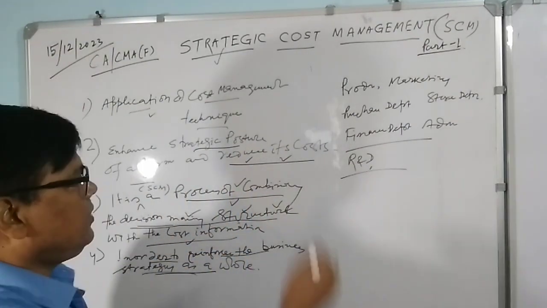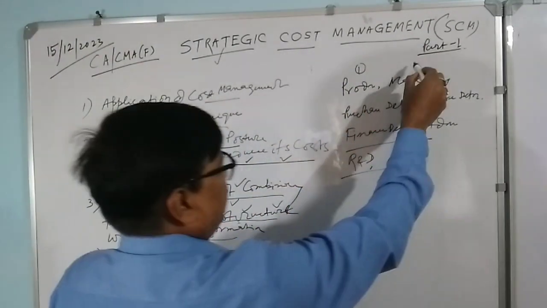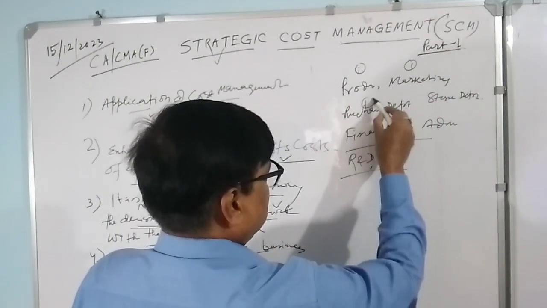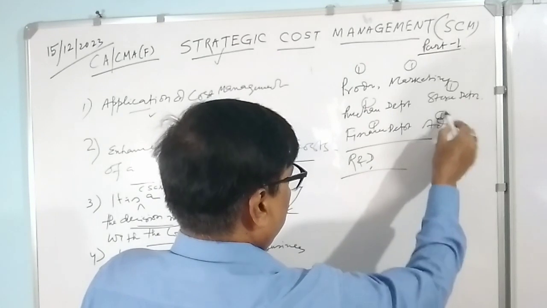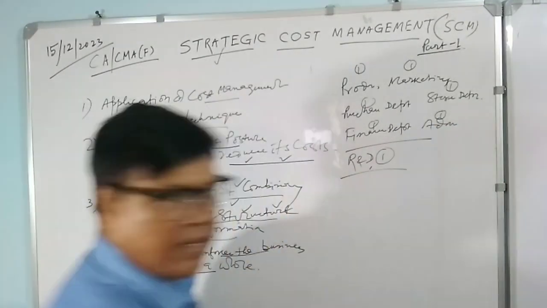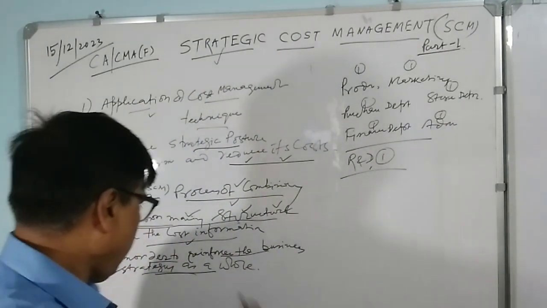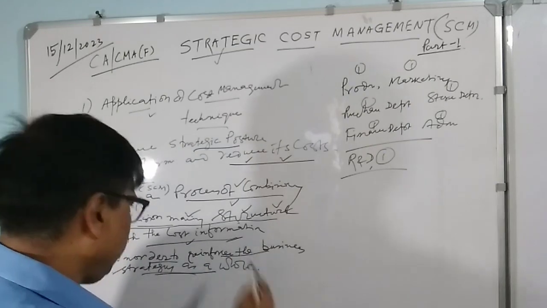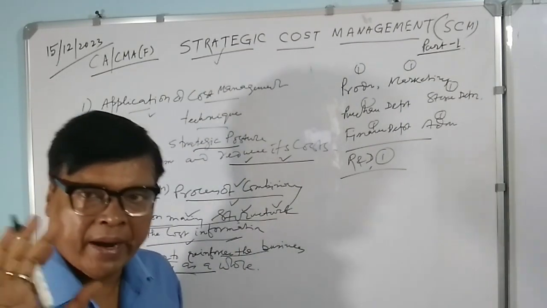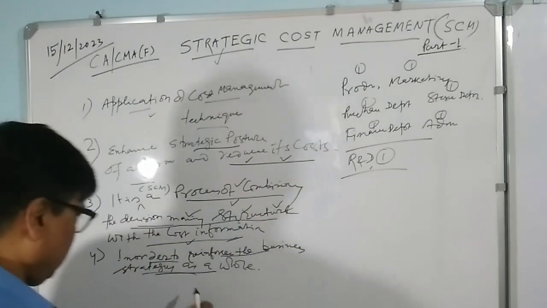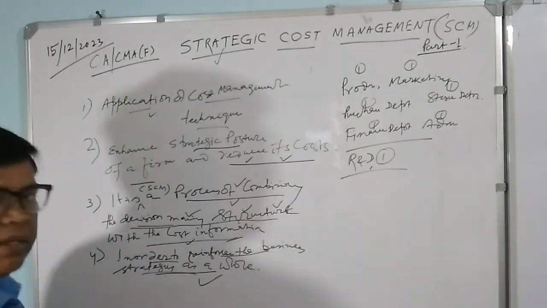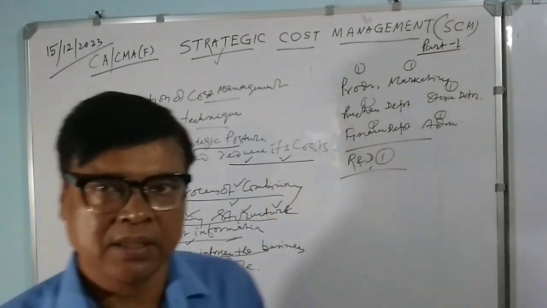All these departments will make the strategy. Unless and until you make the strategy for the respective department and combine this information and coordinate all those issues, you will not be able to get the business organization strategy as a whole.